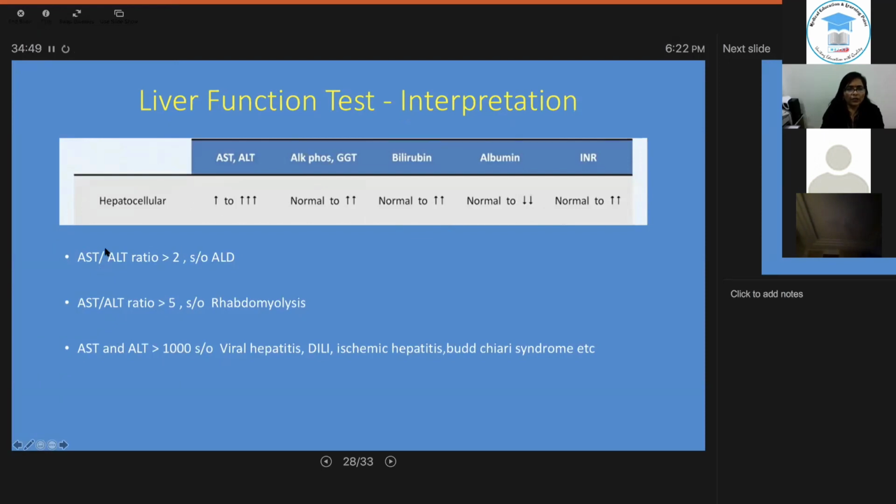An AST/ALT ratio more than 2 shows alcoholic liver disease. An AST/ALT ratio more than 5 suggests rhabdomyolysis. AST or ALT more than 1000, as I have already described in the past, suggests either viral injury, ischemic injury, DILI, or Budd-Chiari syndrome.